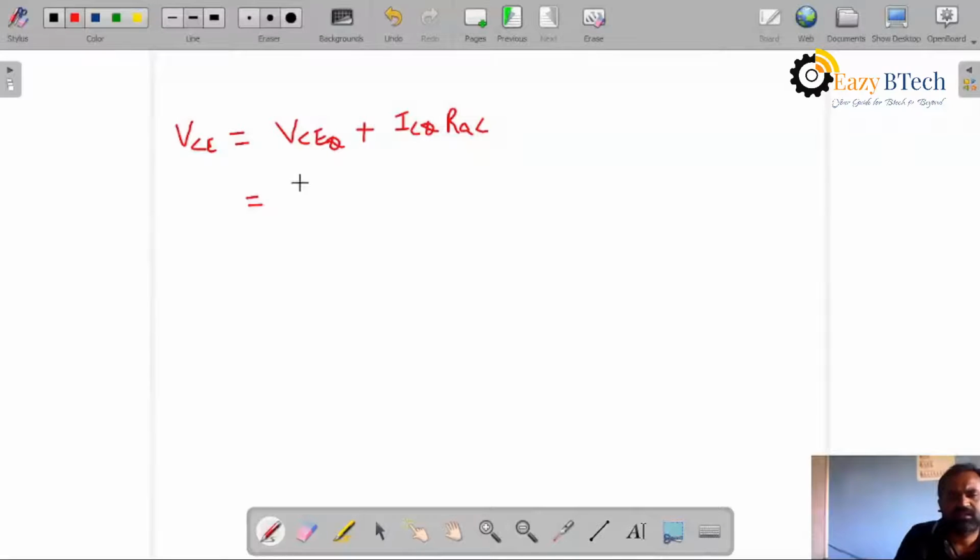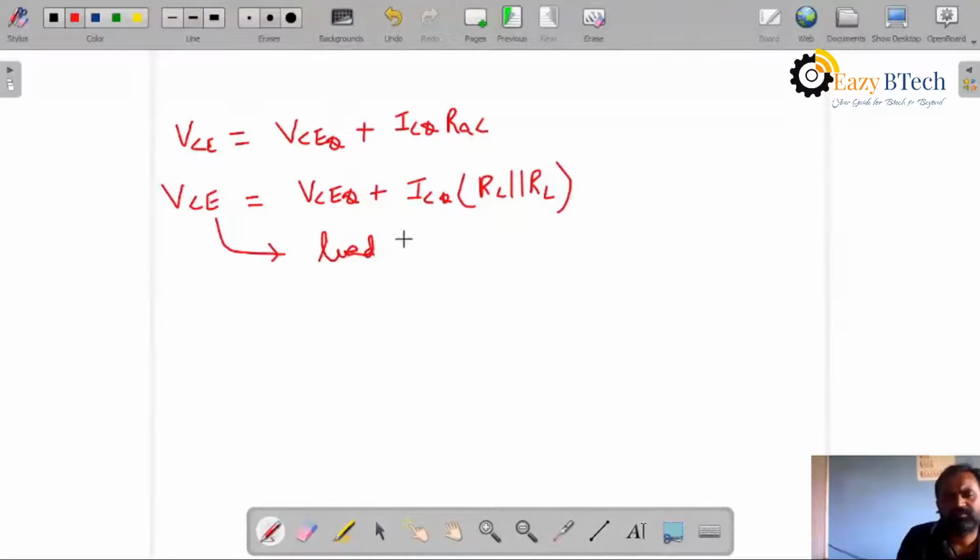That is VCEQ plus ICQ into RC parallel to RL. You will get the value of VCE on the x-axis. That is the D point.